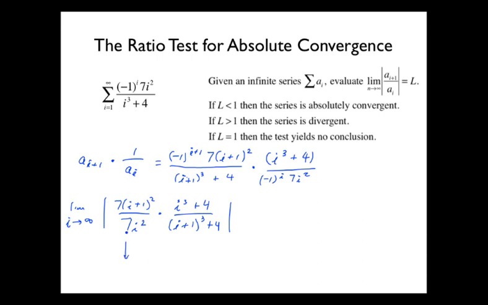Limit of that part as i gets big: 7i^2 in the top, 7i^2 in the bottom. Limit of this as it gets big: leading term i^3, leading term down here i^3. Overall limit.